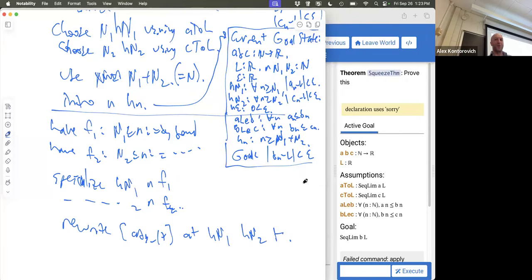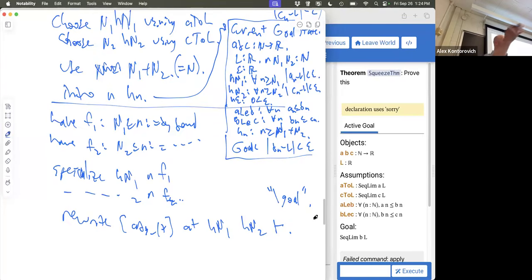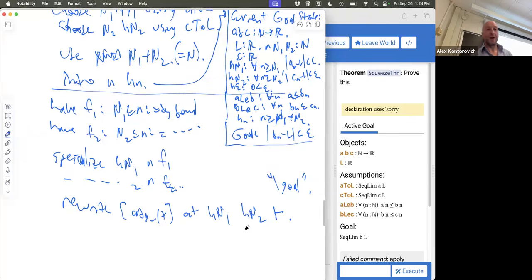You could write three rewrites, one for the goal, one at HN1, one at HN2. Okay, so now everything is turned into the new HN1, which says negative epsilon is less than AN minus L, and AN minus L is less than epsilon.